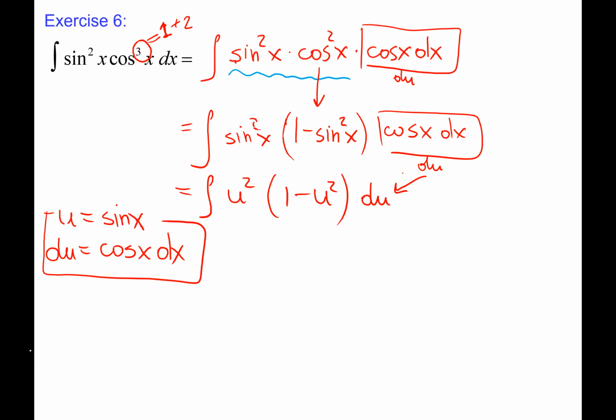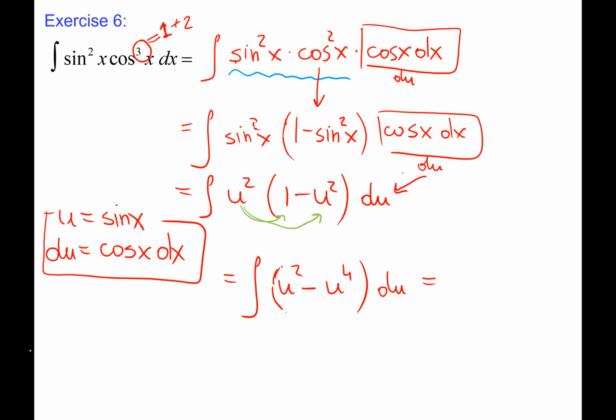Let's distribute, because you learned integration by parts, that means you know some integrals of products, but this is the same type of function. We don't really need additional tools. u squared times 1 is u squared, and u squared times u squared, multiplying exponents, is u to the power of 4.